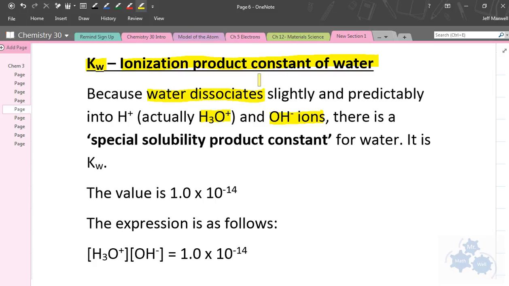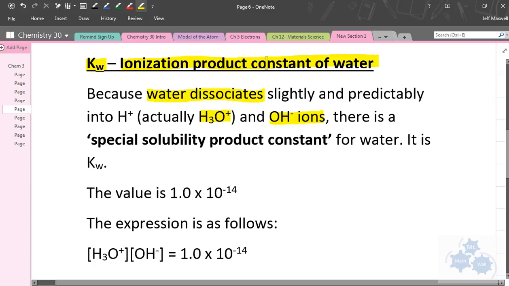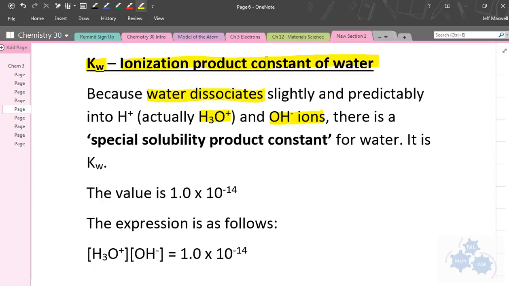Water actually naturally dissociates very, very slightly, and really it's like it dissolves. It dissociates, it splits apart, and then those ions get back together, and this is happening on a very small scale all the time, even in a pure sample of water.